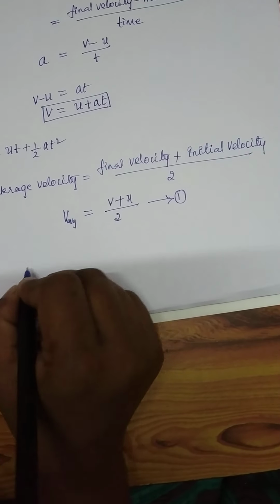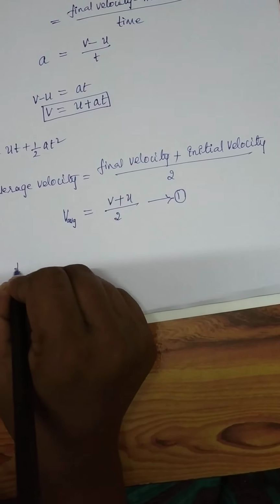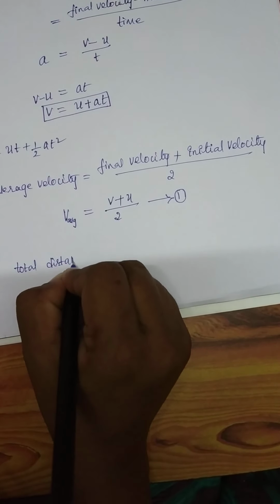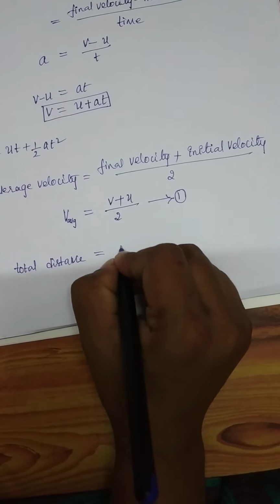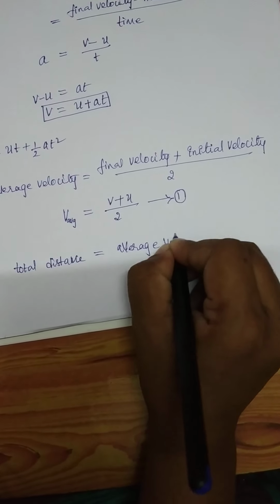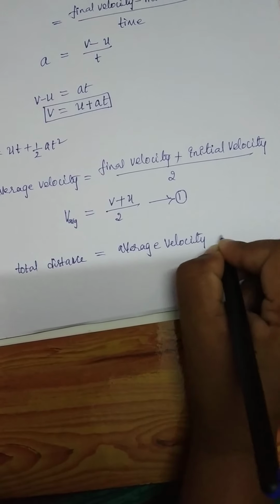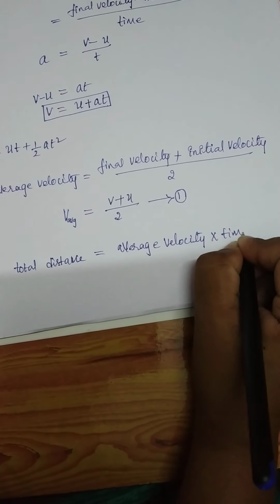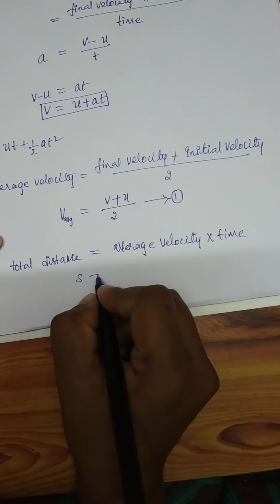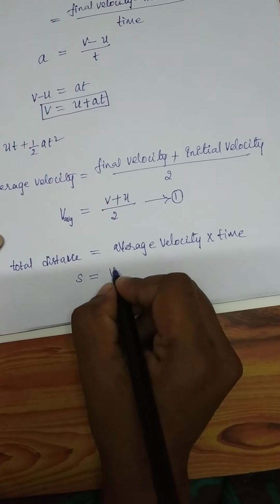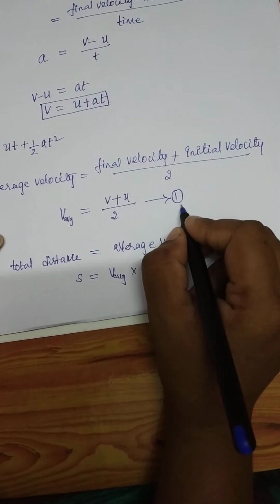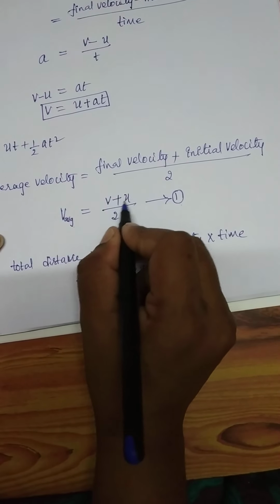And the formula for the total distance travelled is equal to average velocity into time. So distance is denoted with symbol s, which is equal to average velocity v average into t. See, from equation 1 v average is equal to v plus u by 2.